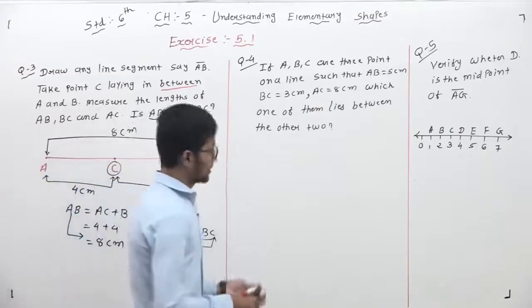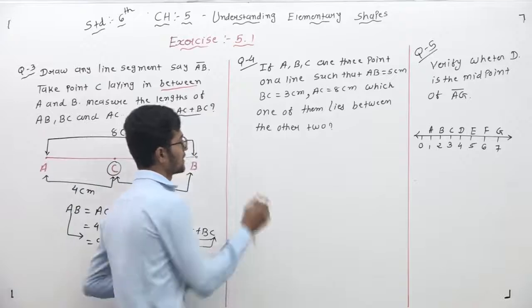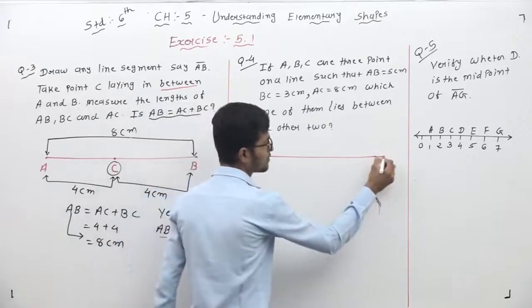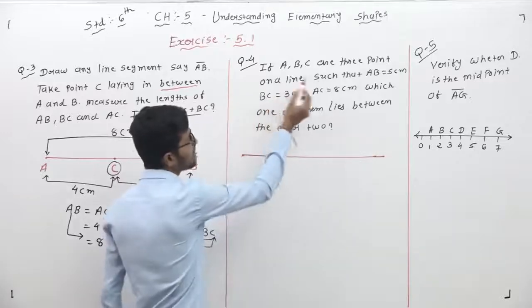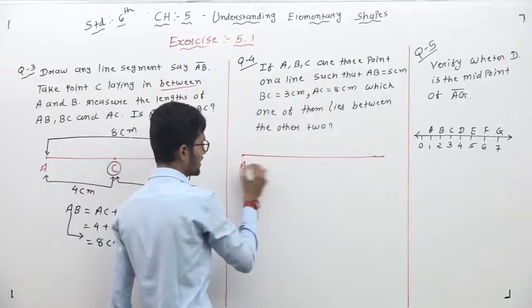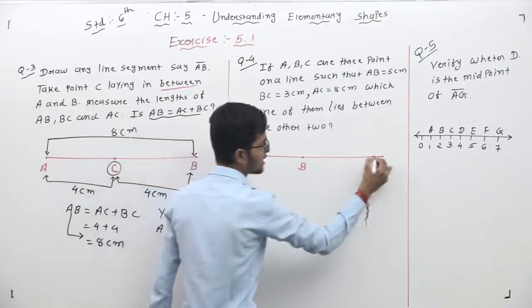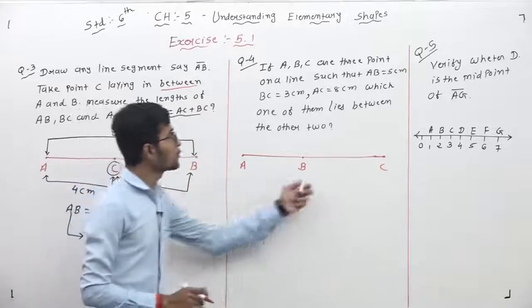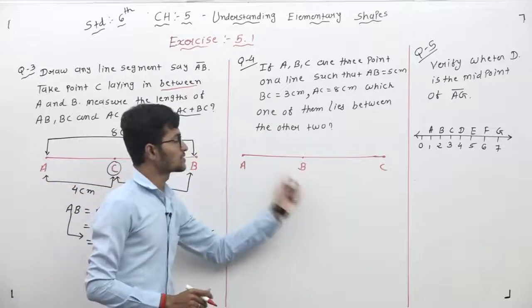So first of all, we draw one line segment. This one is our line segment. Let's start. A, B and C are 3 points on a line such that here is A, suppose here is B, and the end point is C.